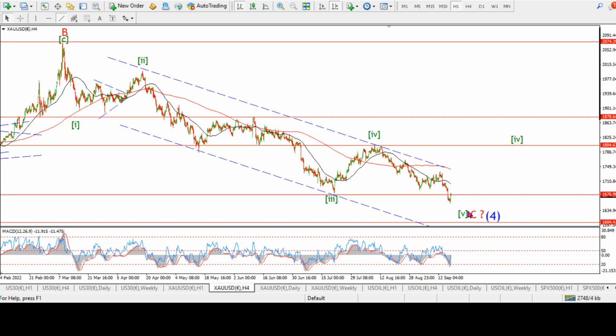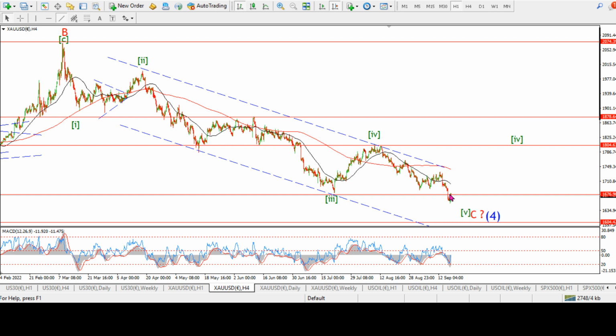Here's gold. While not entirely certain, I think we've hit that area that I was pinpointing for quite a while, 1650. We almost hit 1650 today, and we have bounced so far. I'm not sure whether that will be a sustainable bounce or whether we get another move lower.